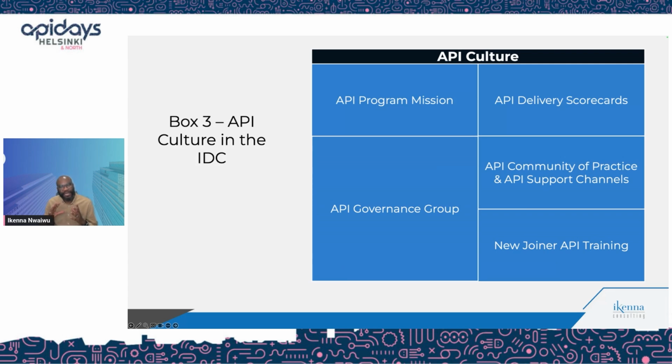These are really important aspects to make sure that organizations have sustainable API governance within their API program. This is about making sure those foundations are in place and well communicated, whether to new joiners or existing team members, making sure that those governance principles are well established.